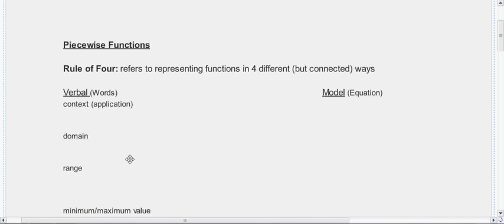And usually you see that data as a table of values. We're going to be referring back to the rule of 4 in every single module this summer. And over the course of the summer, I'm hoping that you're going to get very good at going back and forth between all parts of the rule of 4.